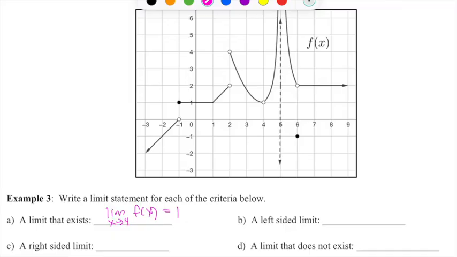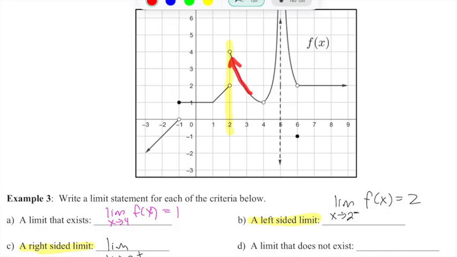So I'm going to use this one for here and here. So the limit as x approaches 2 from the left, and again, 2 from the left means you're coming from the left and going this way. Looks like we equal 2. And then the limit as x approaches 2 from the right, if we go this way, it equals 4.